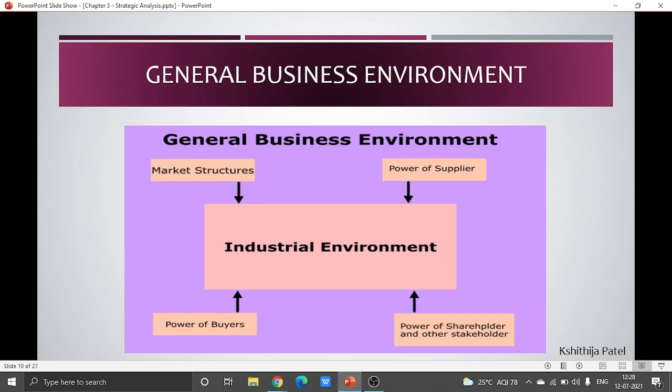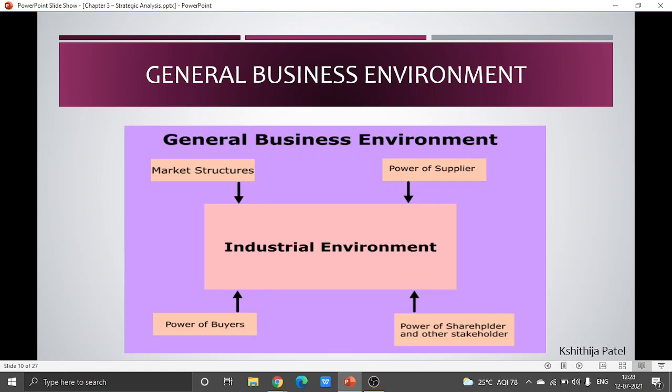So what is an industry? It is a group of similar organizations that offer goods and services that can be similar and substitutes of each other, and they target consumers with similar needs.